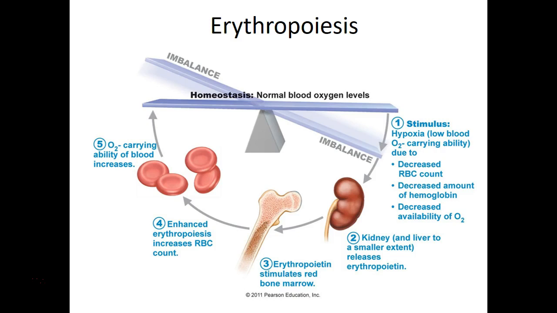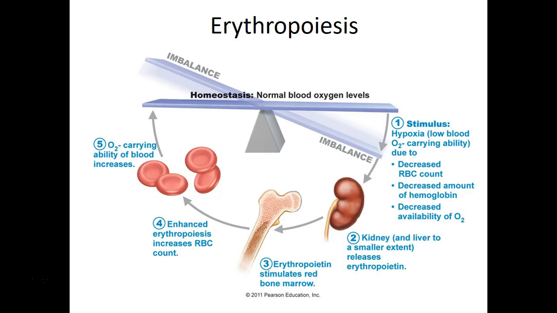So what's a situation that could cause that? Blood loss. Yeah, massive blood loss, which means you're decreasing red blood cell count, which means you're decreasing the ability of oxygen to be ferried from the lungs to the tissues that need it.